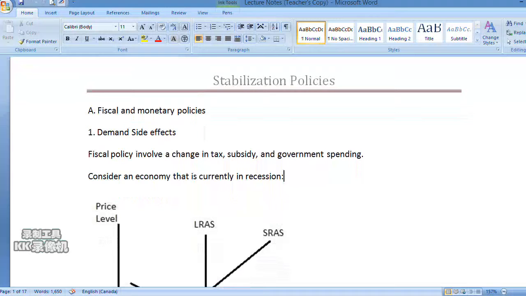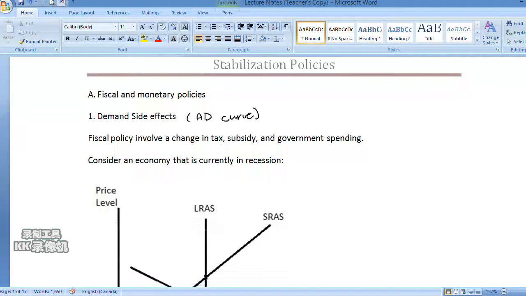These are really things that the government can do to shift the AD curve. So fiscal policies involve change in tax. They can provide subsidies. So these are payments to, for example, subsidize education, as well as government spending. So for example, spending on paving highways.